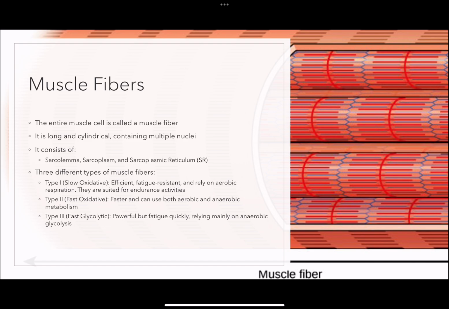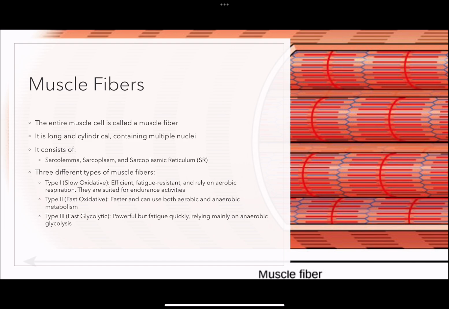So muscle fibers, this is what the entire cell is called, and it's long and cylindrical, and it contains multiple nuclei, and it consists of sarcolemma, which is the cell membrane of the muscle fiber, the sarcoplasm, which is the cytoplasm of the muscle fiber, and it contains organelles, and then the sarcoplasmic reticulum, and this is a network of tubules that store and release calcium ions, and then they are essential for muscle contraction.